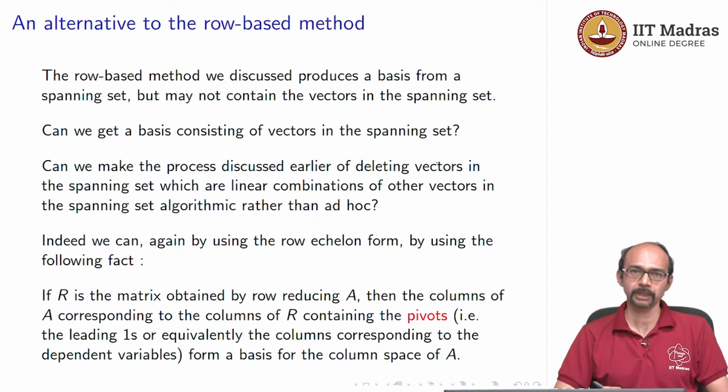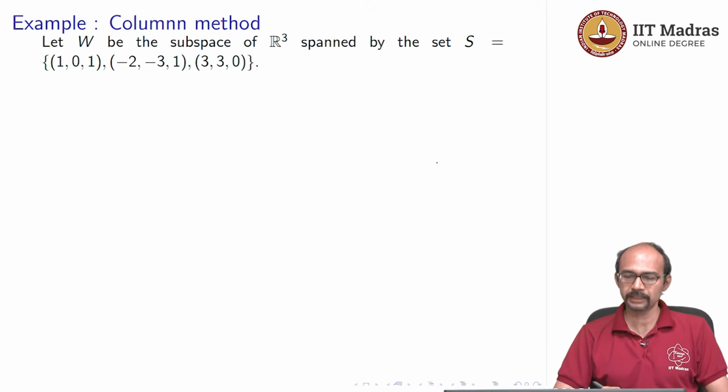So, if you look at those columns from the matrix A, they form a basis for the column space of A. This fact is now going to help us actually get vectors which are in the original spanning set, which will form a basis. So, let us see this method.